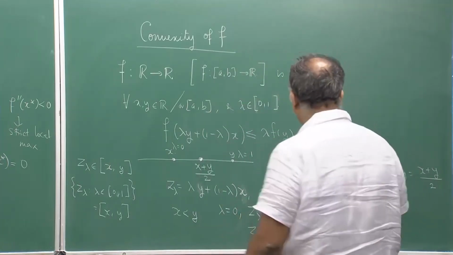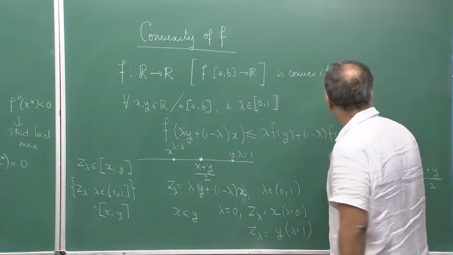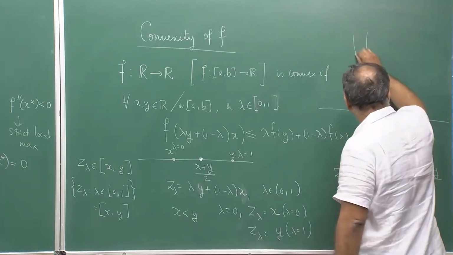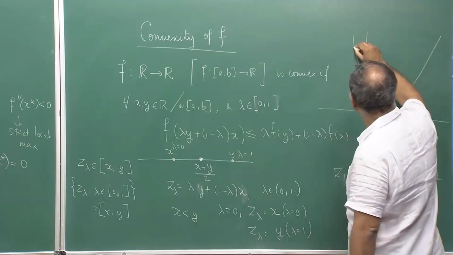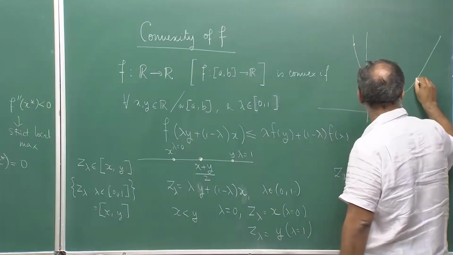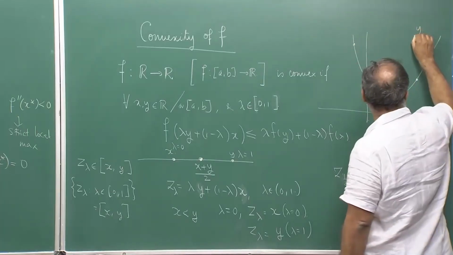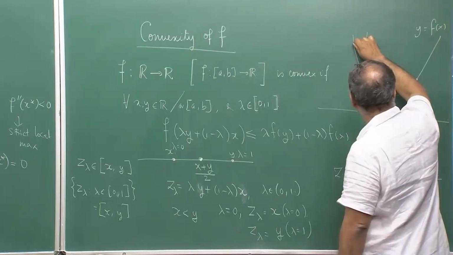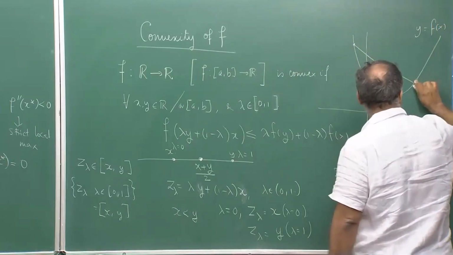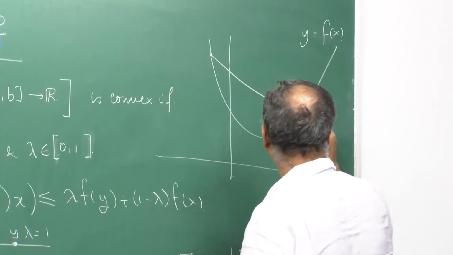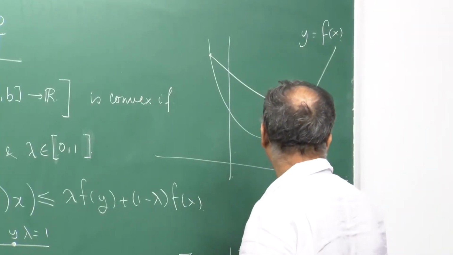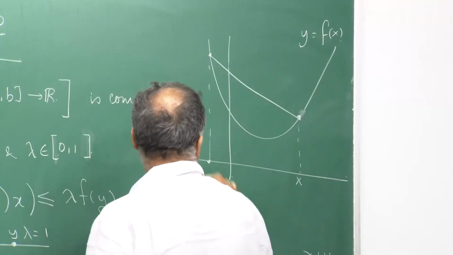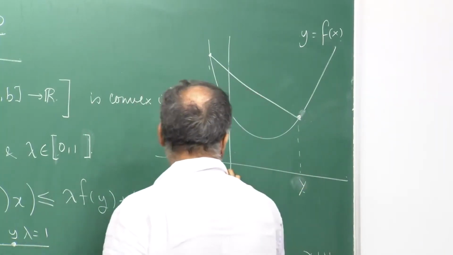So, what does this definition signify? I want you to figure it out yourself: if you take two points on the graph of the function and join them by a chord, okay. So, this is my y and this is my x.